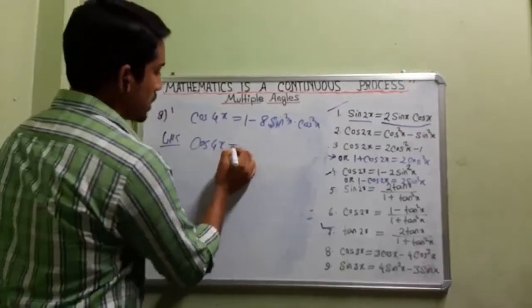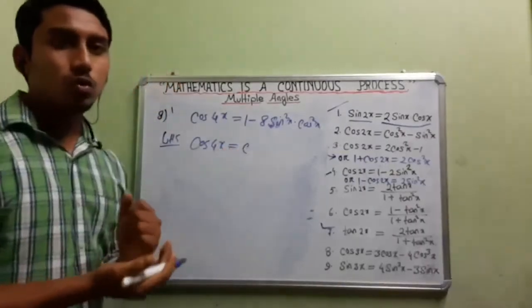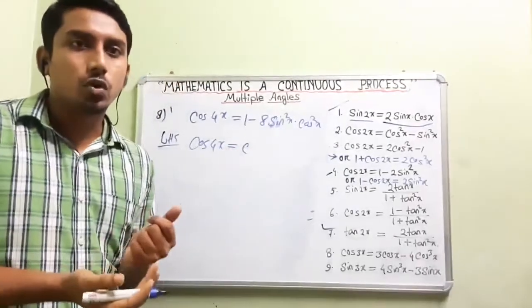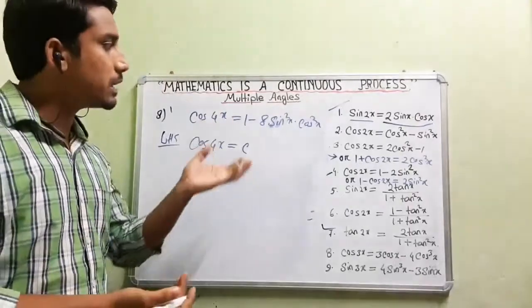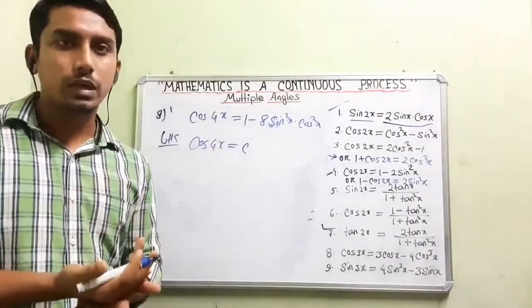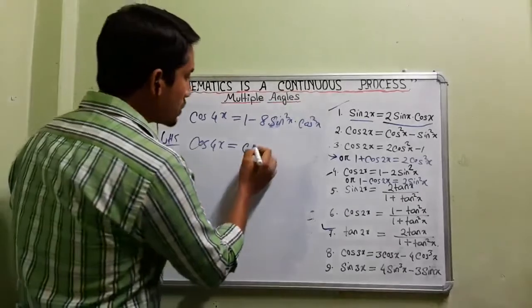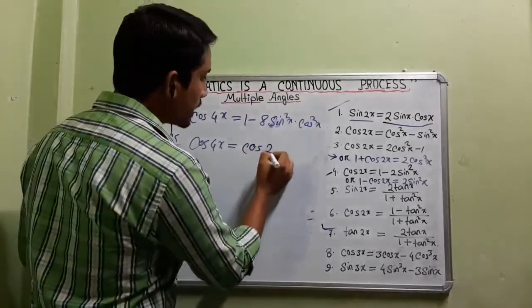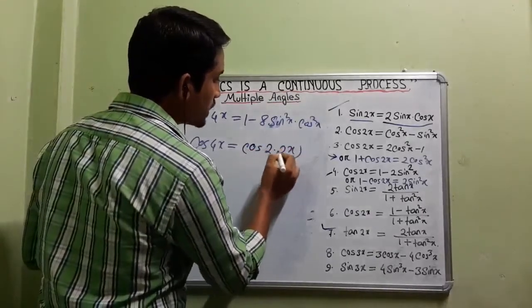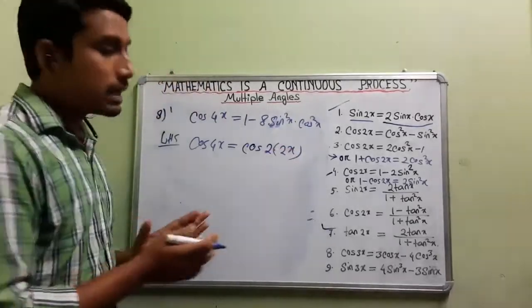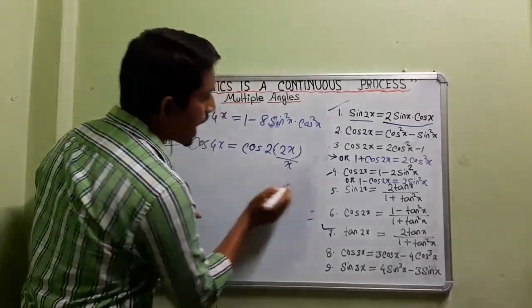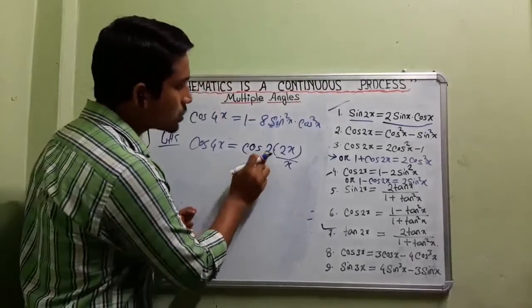How to get it? Cos 4x, I told you, 4x is a multiple of 2, because these are multiple angles. So in place of 4x I will write 2 into 2x. Now thinking of 2x as a simple angle, we have cos 2x again.